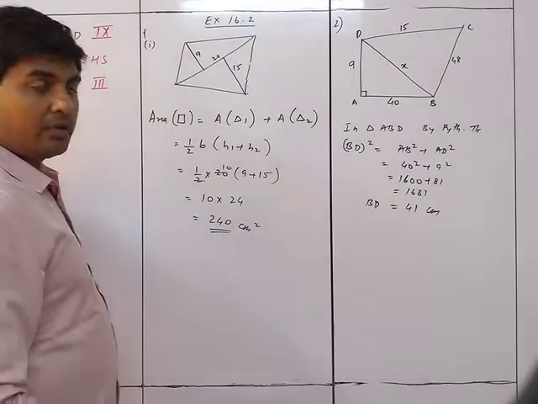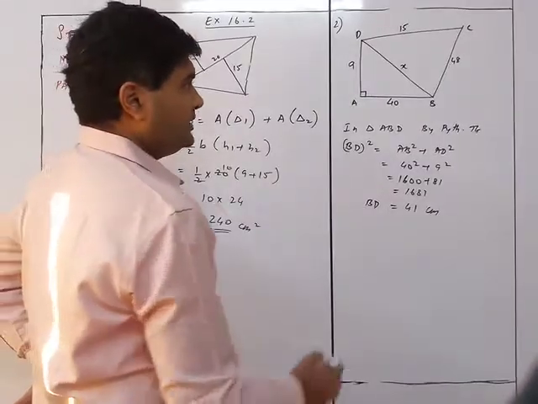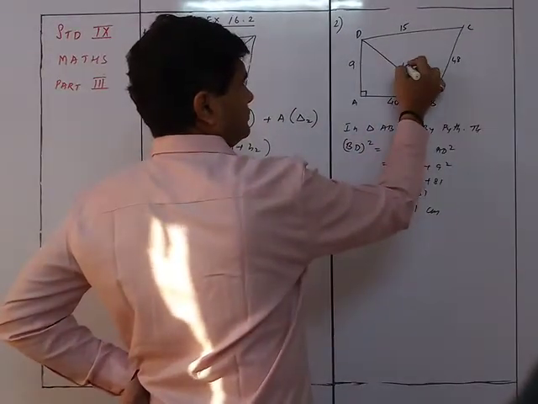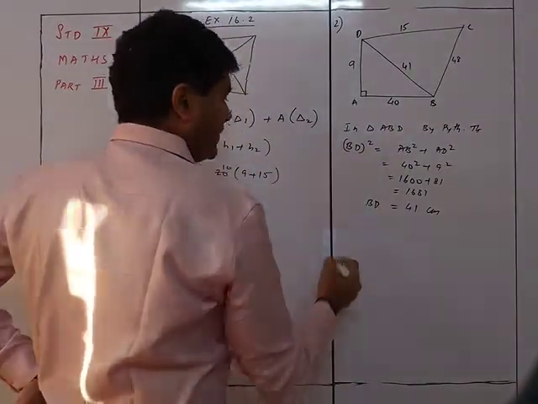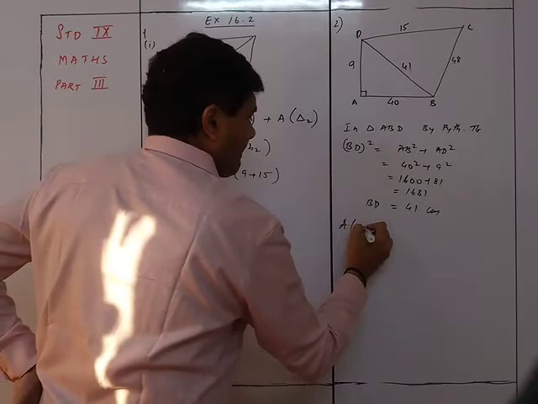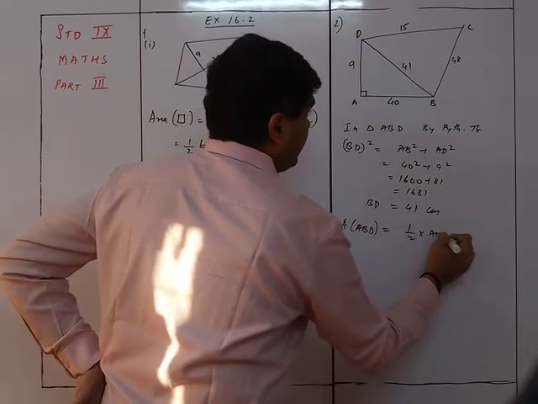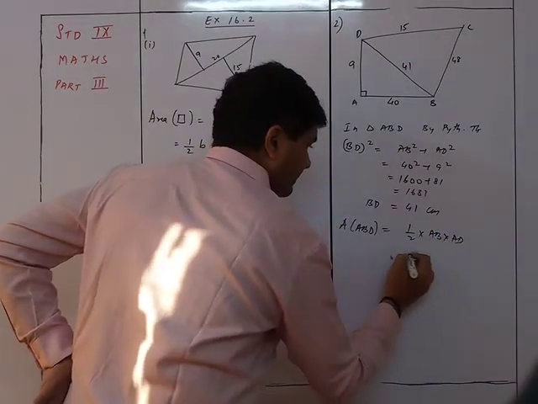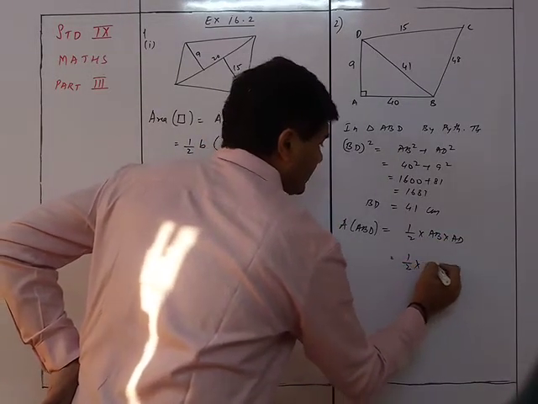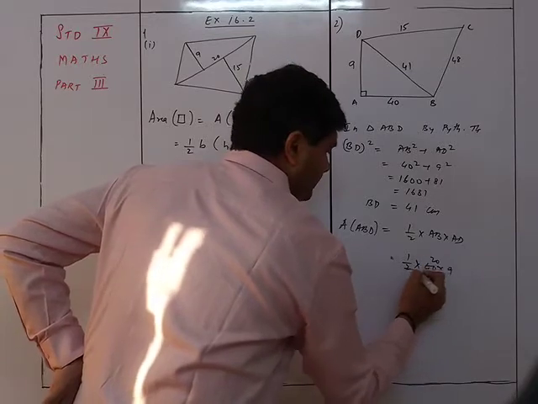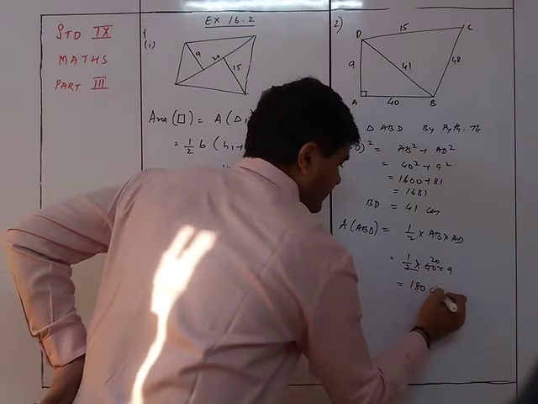So now this is 41. Now area of ABD is equal to half into AB into AD, which is half into 40 into 9, equal to 180 centimeter square.